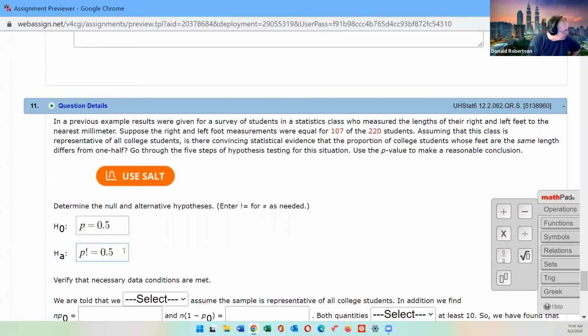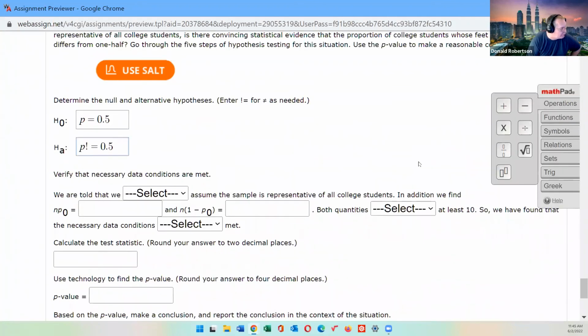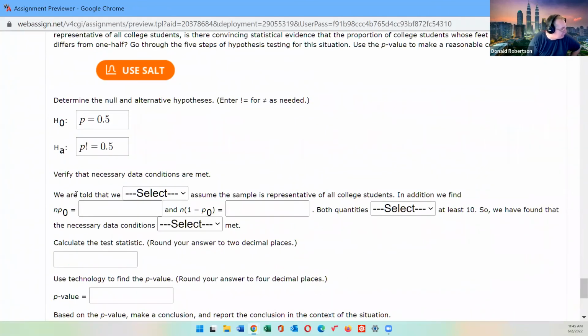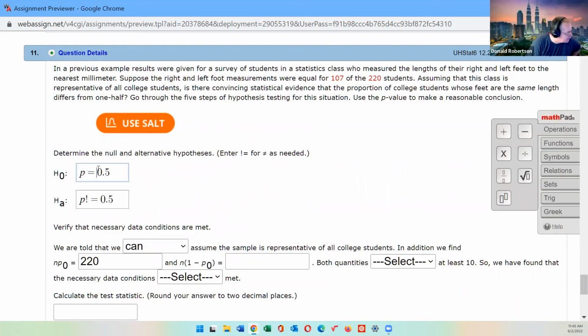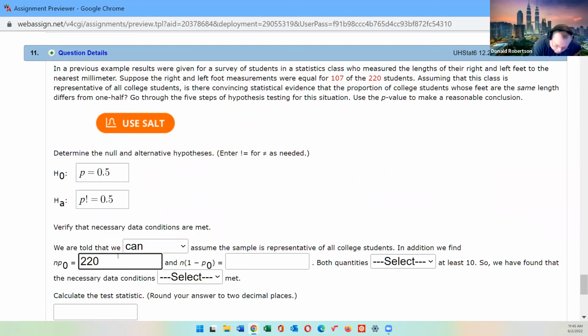Right, now let's check that all the conditions are met. We are told that we can assume that it's a representative sample. In addition, we check n p naught. If the sample size is 220 students, n p naught is going to be 220 times that, which is 110.